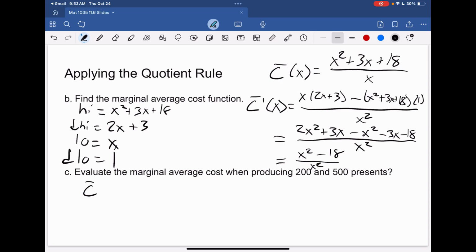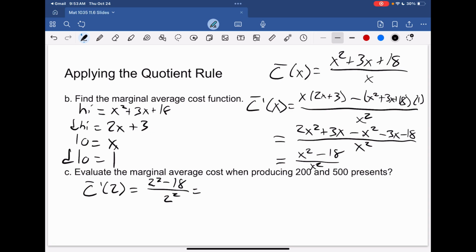So I'm going to evaluate my derivative of c bar at x equal to 2. I'm going to have 2 squared minus 18 over 2 squared.